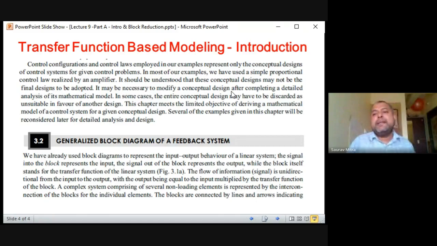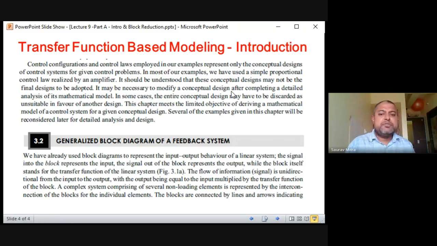We don't know that in transfer function based modeling. Here we are finding only the relationship between output and input. That's all. How the state variables propagate from input to output, we don't get to see in transfer function based system modeling. So these are some limitations.